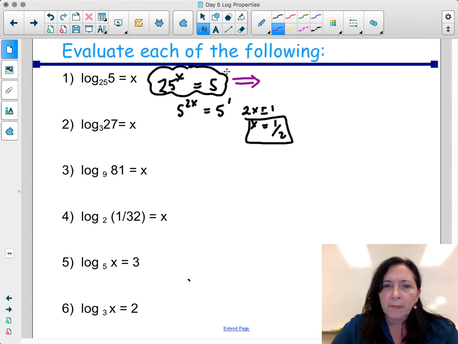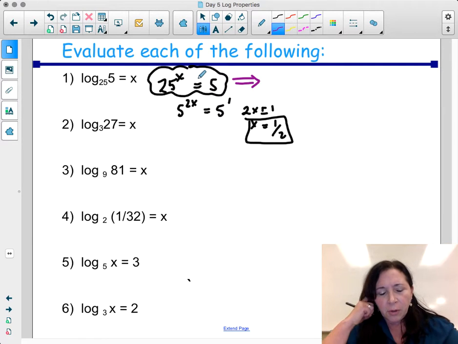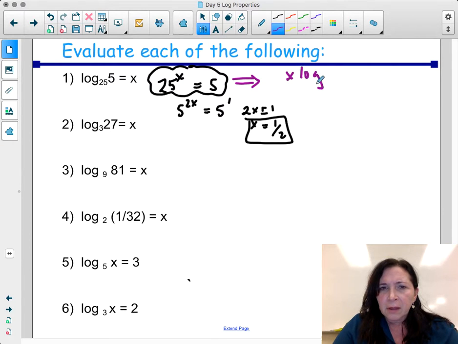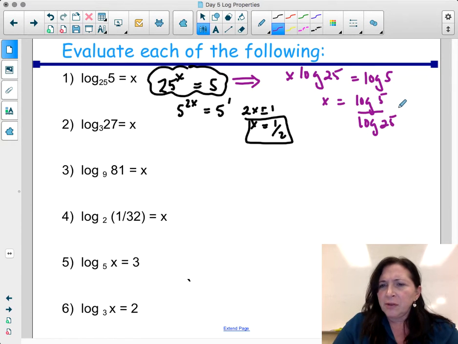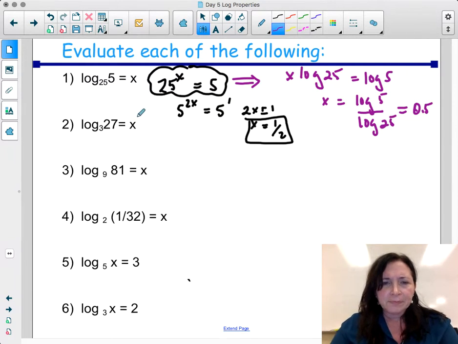If your variable is in the exponent, the power, you bring that out front, and so you get x log 25 is equal to log of 5. x equals log 5 divided by log 25. And using your calculator, you will get 0.5, which is the same as 1/2.